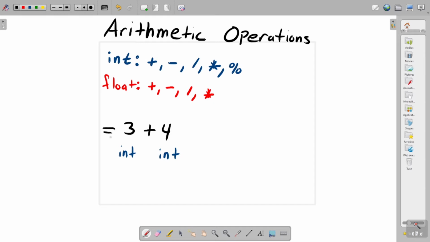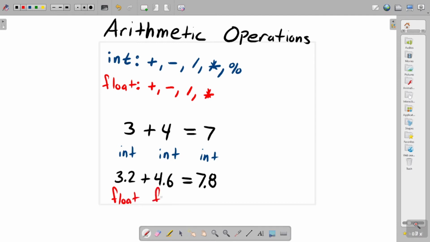And if I try to add them together, I will get another integer. And same thing goes if I add two floats together. So if I did, let's just say 3.2 plus 4.6, I will get something like 7.8. And again, these two things are floats, and their result is also a float.